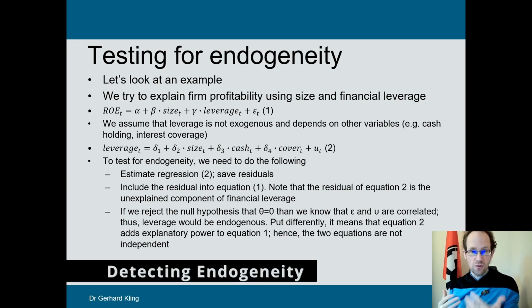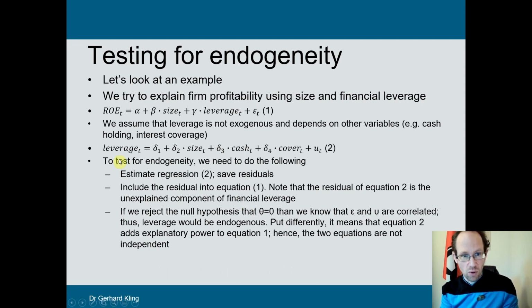To test endogeneity, we run this model and estimate from equation 2 the residual. The residual is the unexplained component of leverage. We use that back in equation 1, and then we check whether this residual has an impact on our dependent variable. If this is the case, we would argue that endogeneity is present.